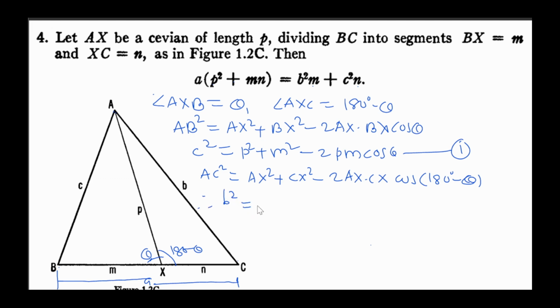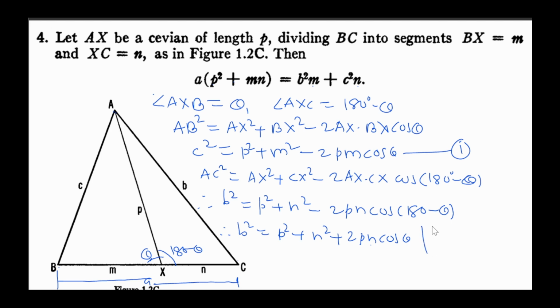Therefore, b square is equal to p square plus n square minus 2pn cos of 180 minus theta. Therefore, b square is equal to p square plus n square plus 2pn cos theta, since cos of 180 minus theta is equal to minus cos theta. After using this, we get this simplified equation. So that is equation number 2.